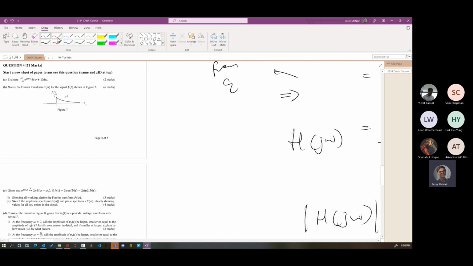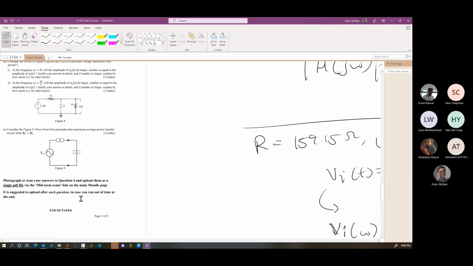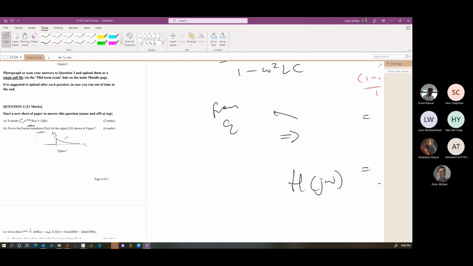Alrighty. Question 4. This should be okay. Fourier transform should be okay. I think the rest of this you would have covered. Yeah, thanks, Liam. Alrighty, no problems there. So that was it for question 3. Let's have a look at question 4.